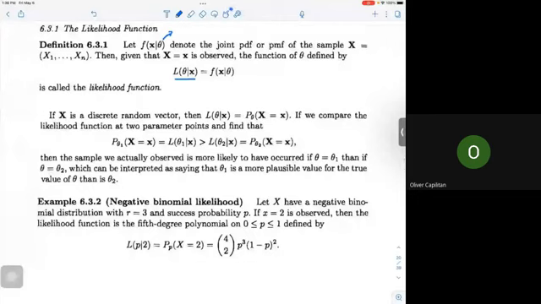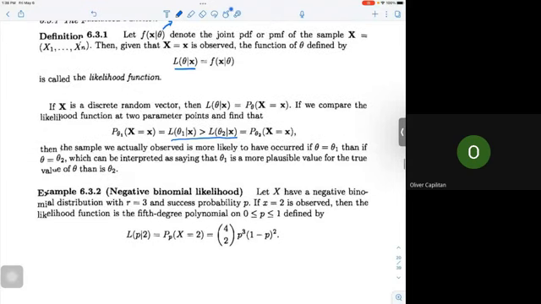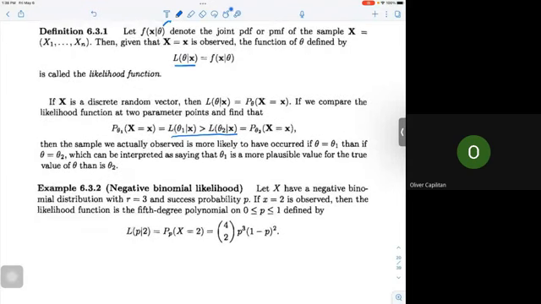Because of this assumption, we say that the sample we actually observe is more likely to have occurred if theta is equal to theta sub 1 than if theta is equal to theta sub 2.